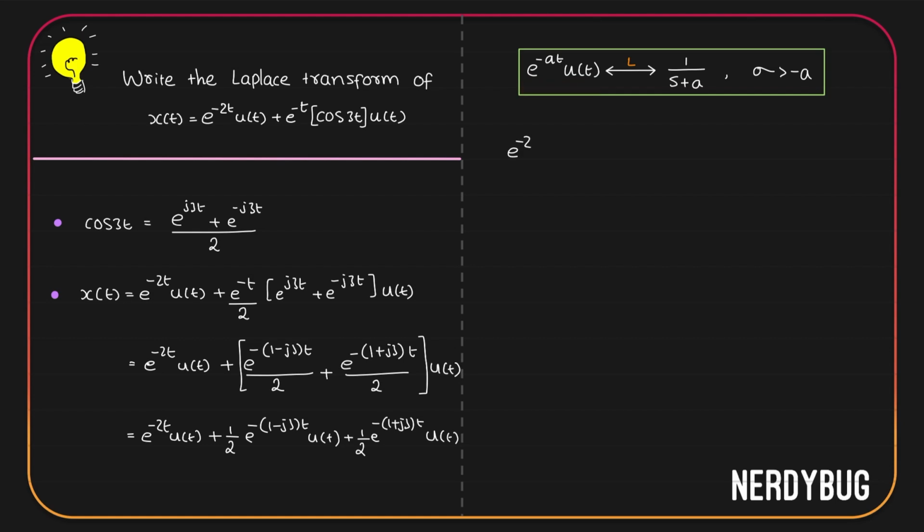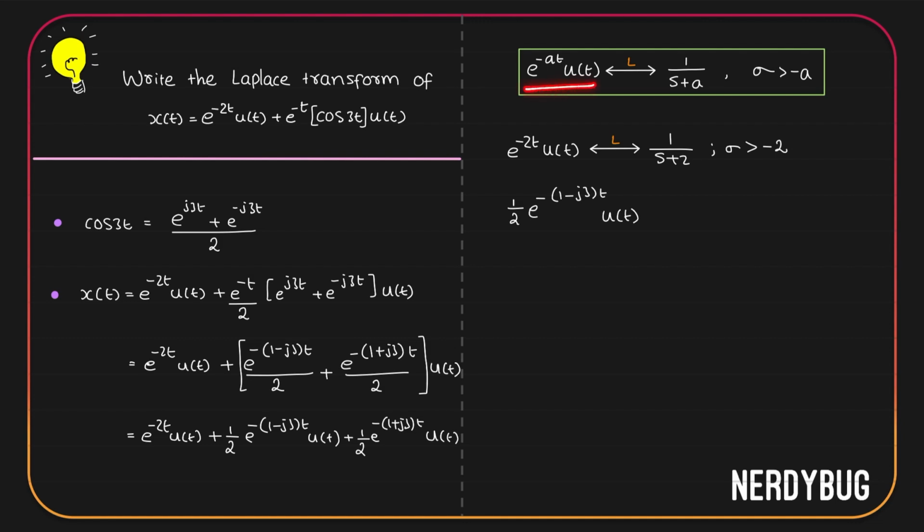The first part is e raised to minus 2t u of t. If we compare it with e raised to minus at u of t, we can say a is equal to 2. So its Laplace transform will be 1 by s plus 2 and ROC will be sigma greater than minus 2. The second part is 1 by 2 e raised to minus of 1 minus j3 t u of t.